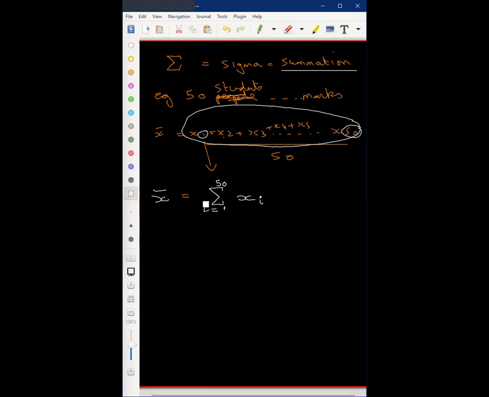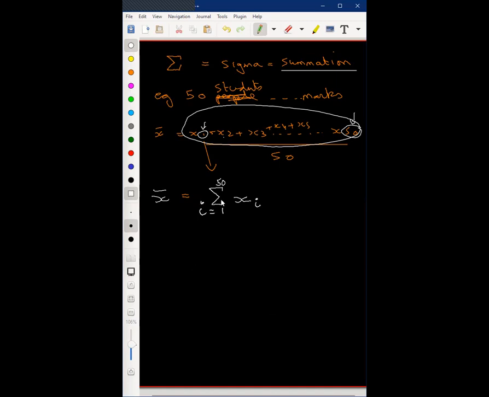Let me start it again with you. Pay attention. First we write the sigma sign because we are summing up all of the values. What value are we summing up? We're summing up x. X starts at 1 and ends at 50. So I'm going to write 1 to 50. Now, how do I know what value to put in here? So I'll say x of I, where I is equal to 1 to 50.